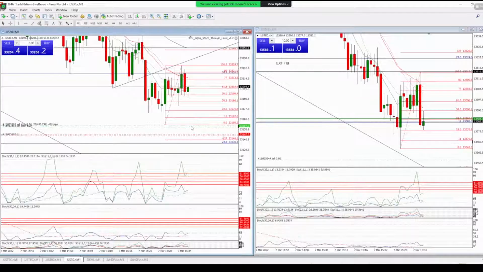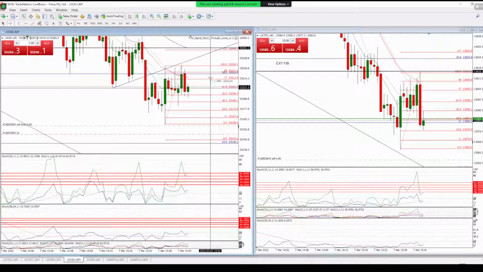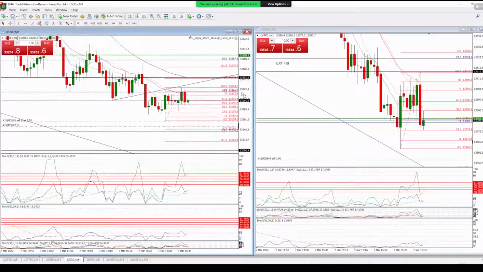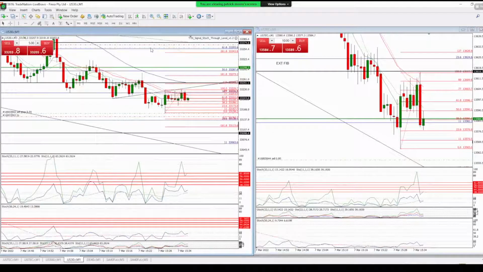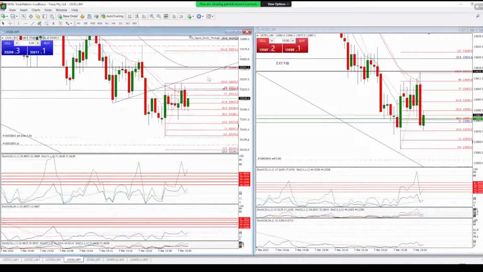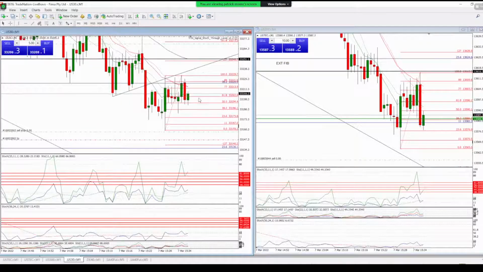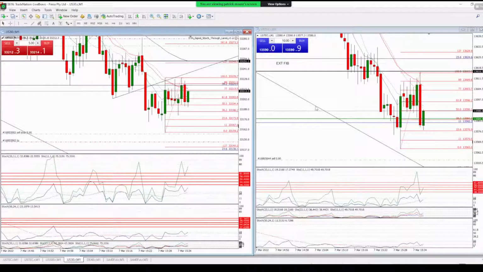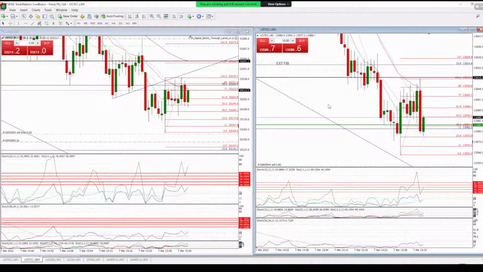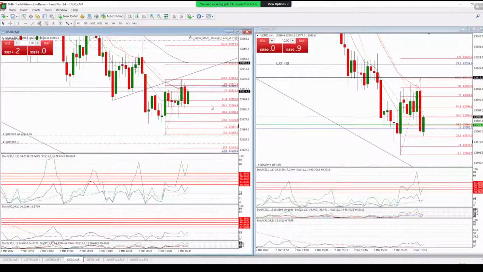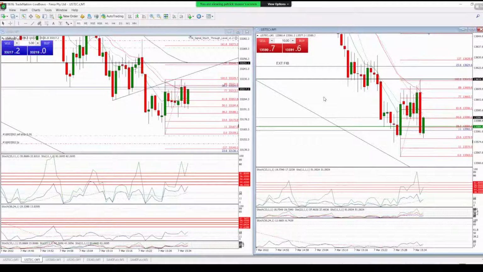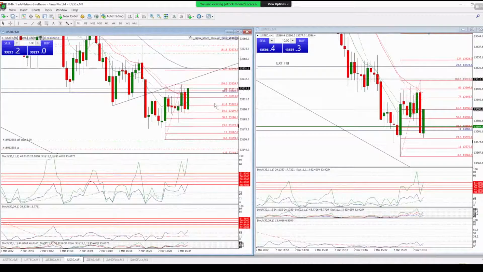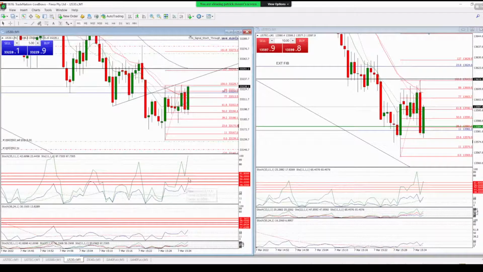If we can hit 77 the first time, we can trade 61 to 77. 33 up through 50.